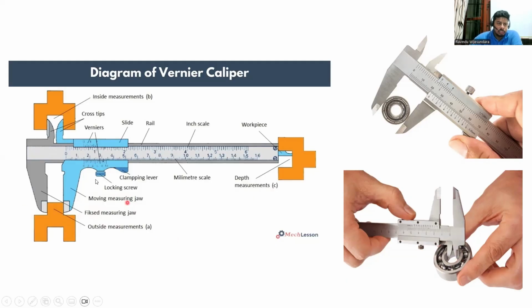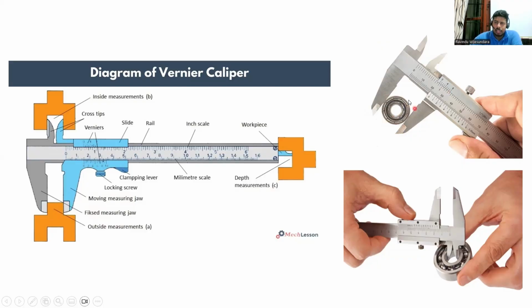And the bottom jaws, the larger jaws, are called the external jaws because they are used to take the measurements outside the equipment or outside an object. So you can see here, these jaws are touching the outside of the object. In this right hand side diagram also, you can clearly see that we are touching the outside of the object.